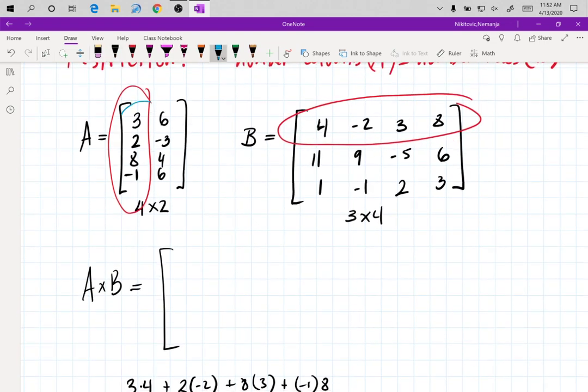If I want to color code, these are multiplied together, green ones are multiplied together, purple ones are multiplied together. All right, so that's what's multiplied. And you compute all of that, and we use the first column in the first row, therefore it goes into the 1,1 location.